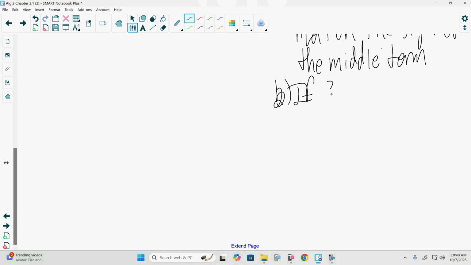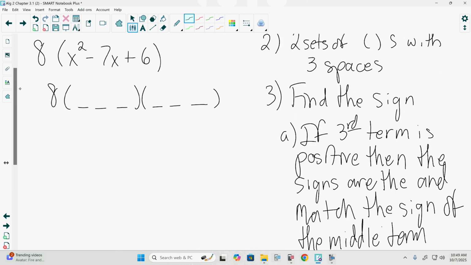If the third term is negative, the signs are opposite. So as we look back up at this, the third term in this case is positive. So the signs are the same and are going to match the sign of the middle term, which in our case would be negative.